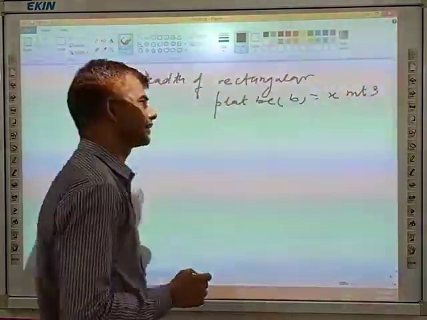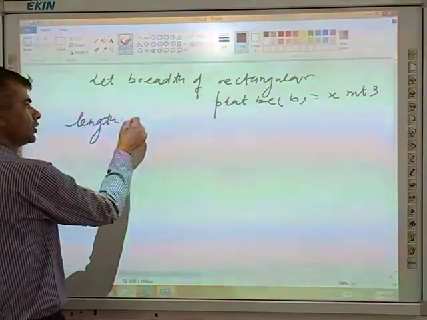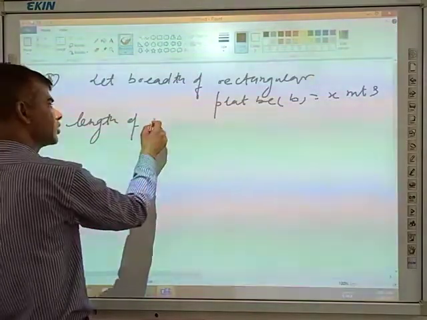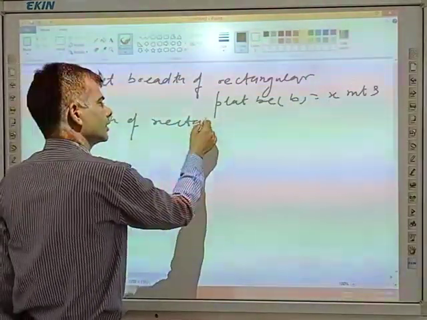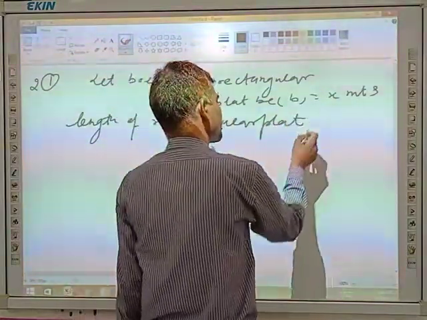Students, what will the length of the rectangular plot be? Read the question properly.